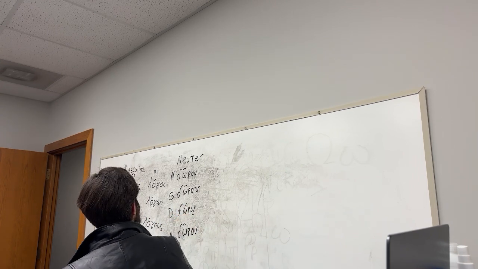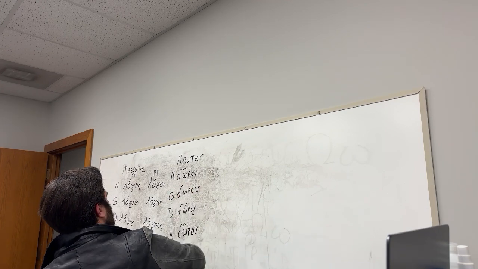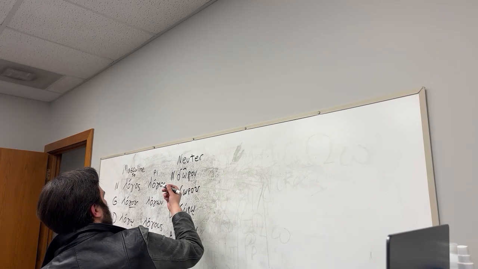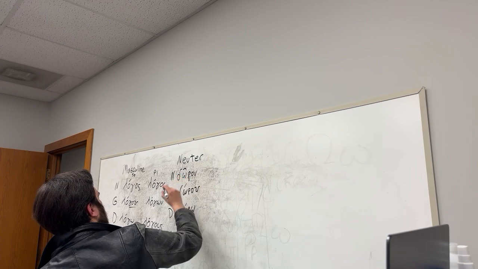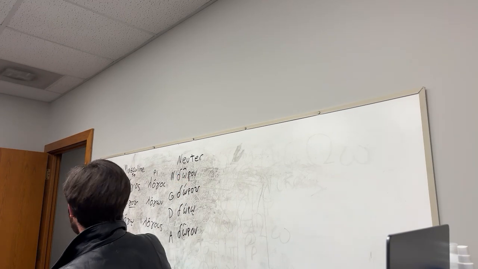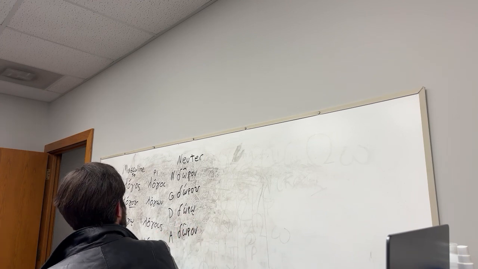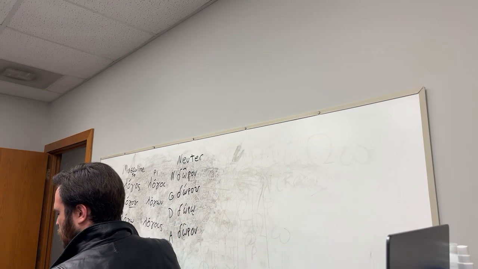Oh yeah, because this is long right here. Is it based on the length of the vowel or the length of the syllable? The length of the syllable. This is technically a long syllable in classical Greek. Thanks for catching that, Tony.